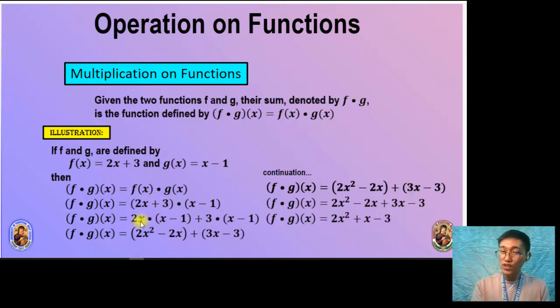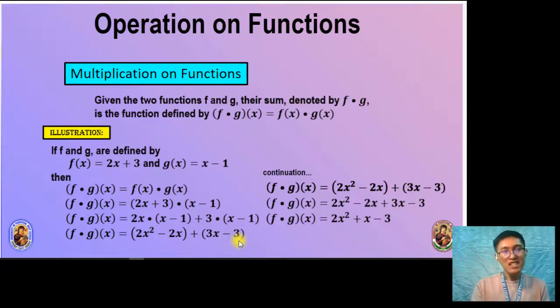Alright, let's start with the first. 2x times x, we have here 2x squared, and 2x times -1, we have here -2x. Alright, next, positive 3 times x, we have here positive 3x, and positive 3 times -1, we have here -3.